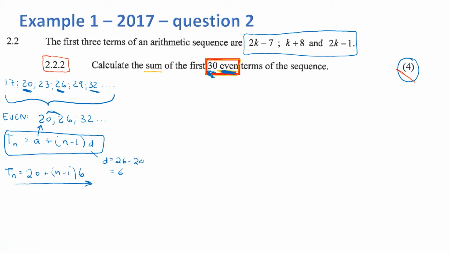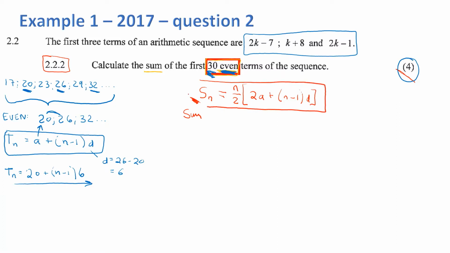So the formula is, in a different color, S_n, for the sum, equals n over 2, and then a big bracket, 2a plus n minus 1 times d. Super important that you know you have to apply it, but as I say, it's given.